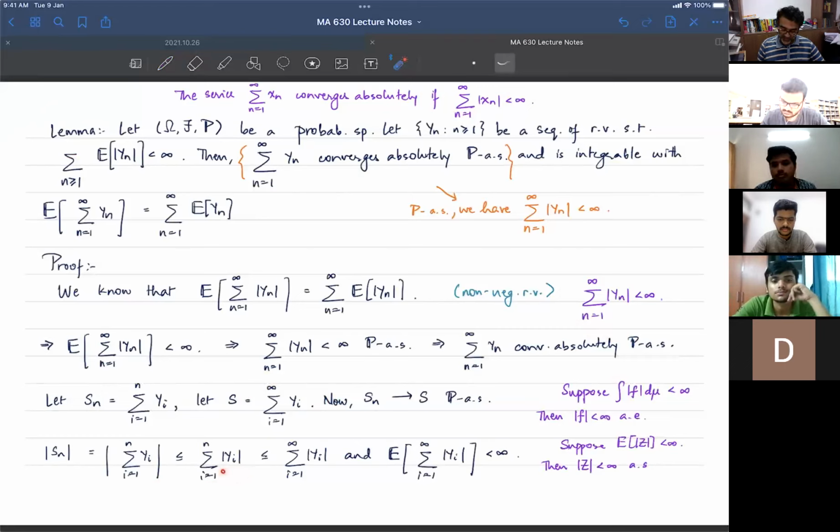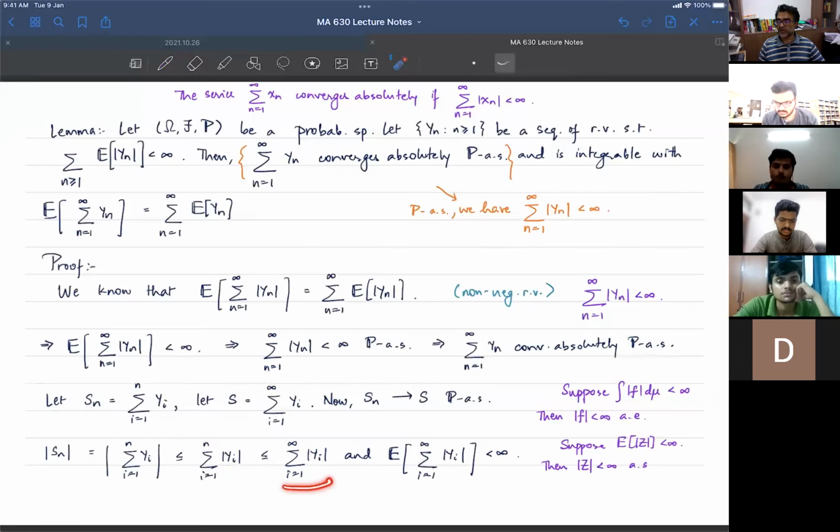Now remember that here I have the absolute value of yi, so these guys are non-negative. So as I make this index n bigger and bigger, the result cannot get smaller. In other words, the sum i going from 1 through n of the absolute value of yi is going to be less than or equal to the sum i going from 1 to infinity of the absolute value of yi.